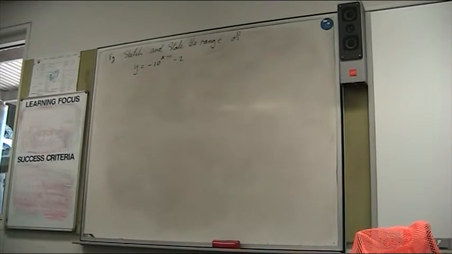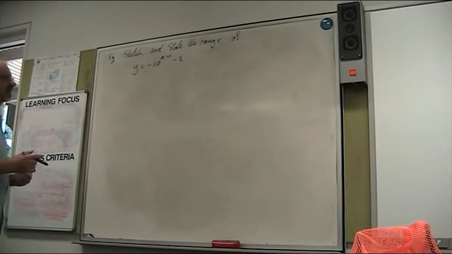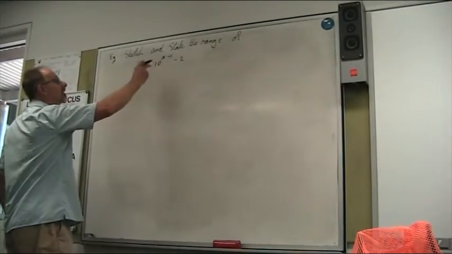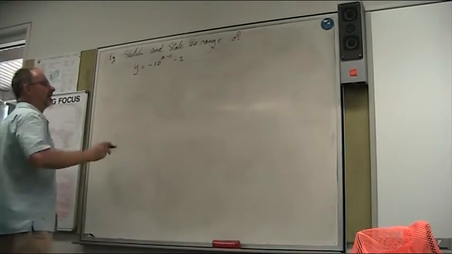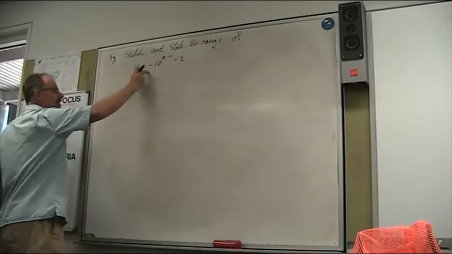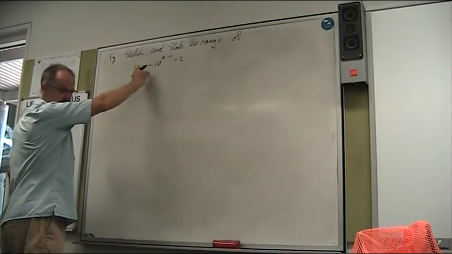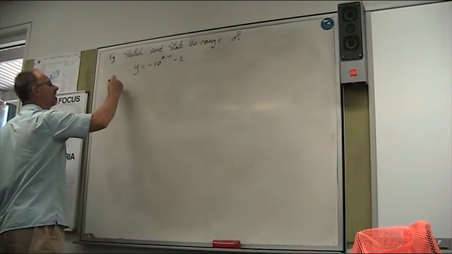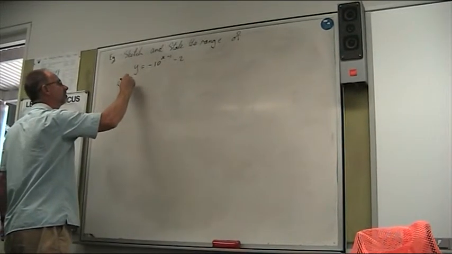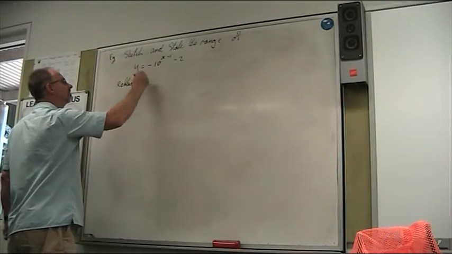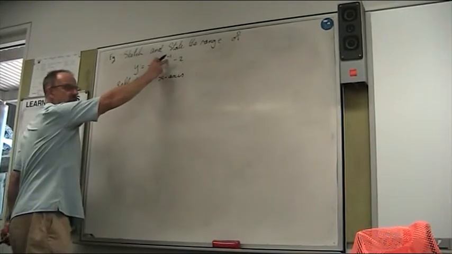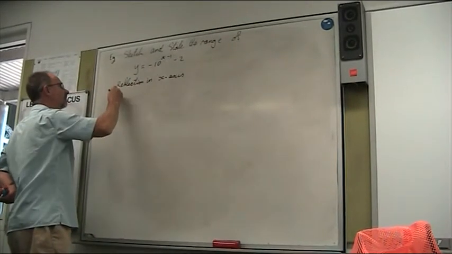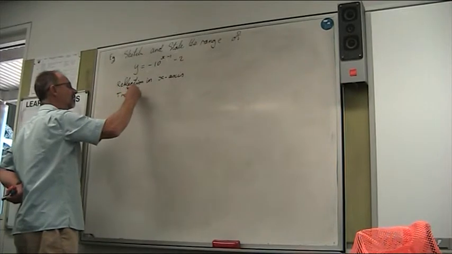All right, so sketch and state the range. So when we look at this, there's a few things that we can see that have happened because we've got these 3 things there. This negative here is a reflection in the x-axis. This -1 up here is a translation, which way?